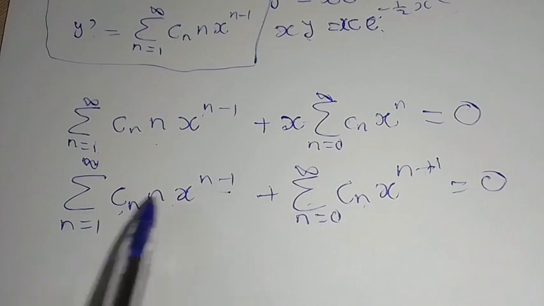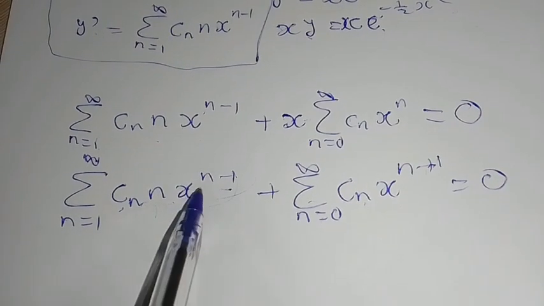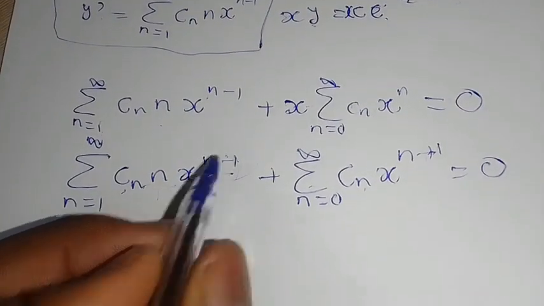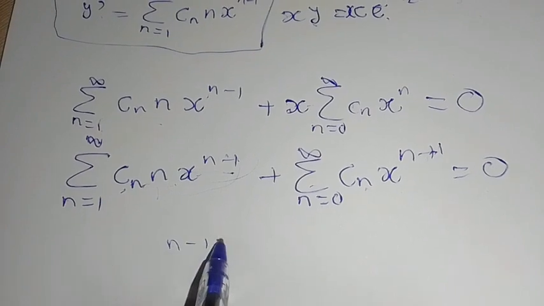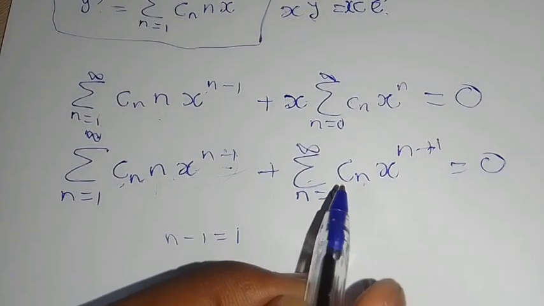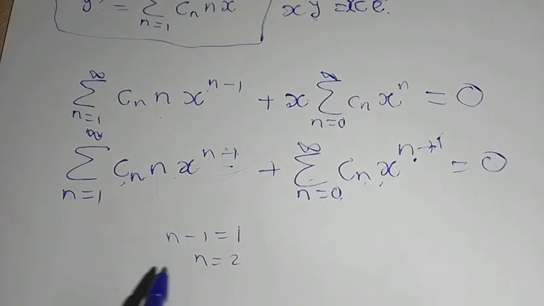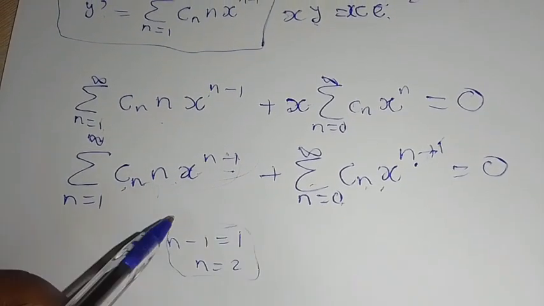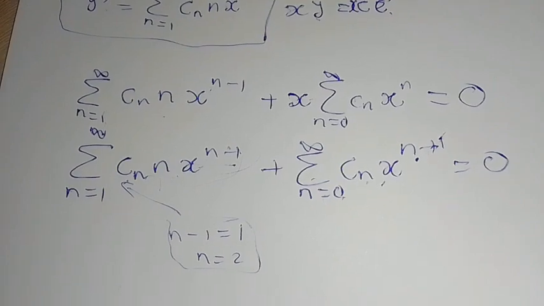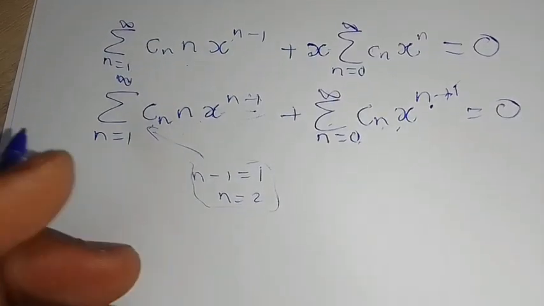So in order for this one to start at x to the power of 1, set n minus 1 equal to 1, because you want both of them to start at 1. So that means n equals 2. That means we want this summation to start at n equals 2, so we remove the first term here.